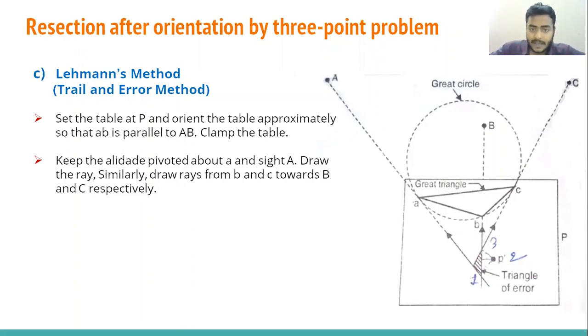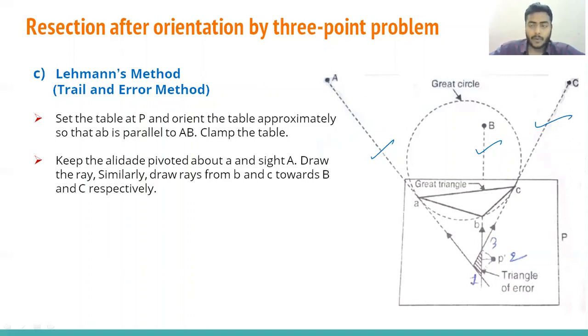So we keep the alidade at a and sight A, then keep the alidade pivoted at b and sight station B, then keep the alidade at c and sight station C. Their lines are not giving a point. If it were a point, it would mean the table is properly oriented, but it is giving a triangle. So that is called the triangle of error, right? So what can we do?